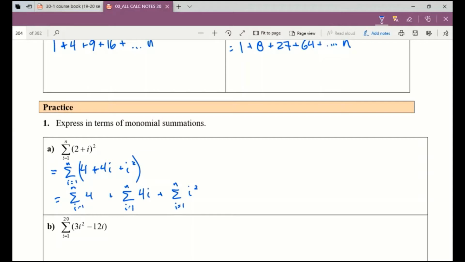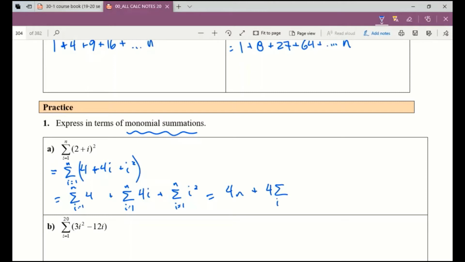We can do maybe a couple of things to simplify this. This question is just asking for you to express this in terms of monomial summations. So we could simplify this. The first one, the summation of 4 plus 4 plus 4 plus 4, n times, is just 4n. But really what we're doing here is let's factor that 4 away from 4i. Let's bring it outside of the summation, because it's 4 times i.